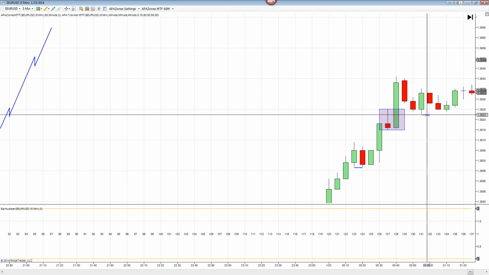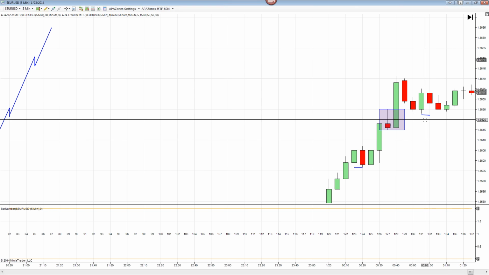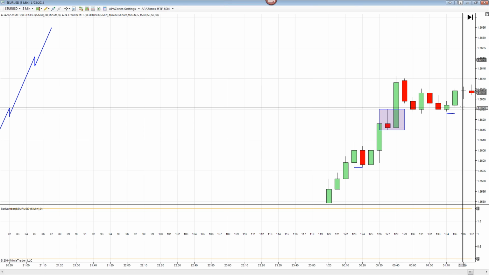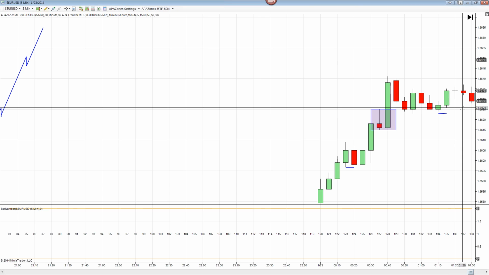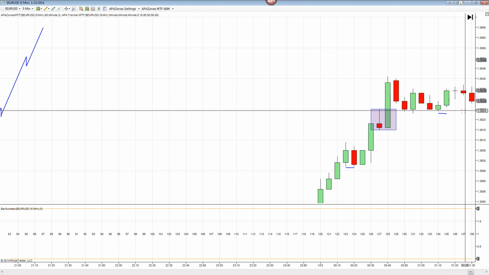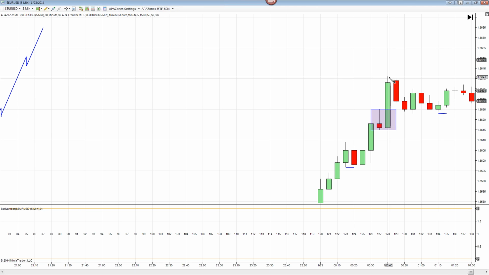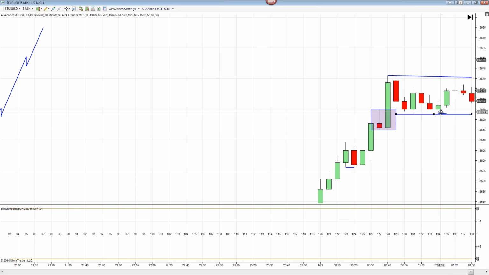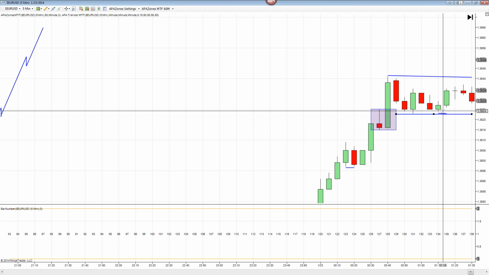Technically speaking, you could take the short now below these bars here. I would just really want to wait and see a breakout, because I feel like there's two major areas for breakout, and we'll see what happens. Okay, so I don't see a position one way or another.